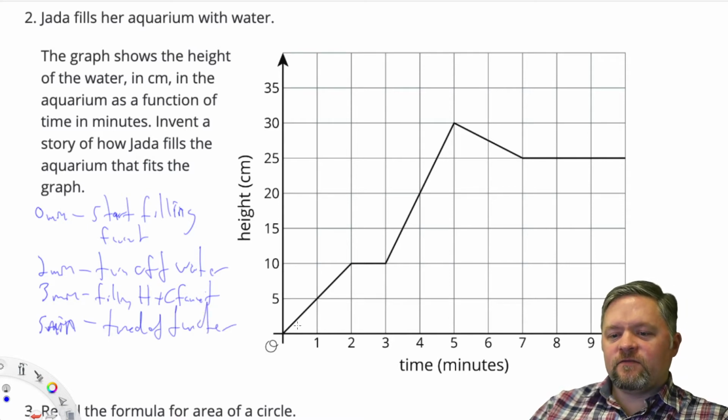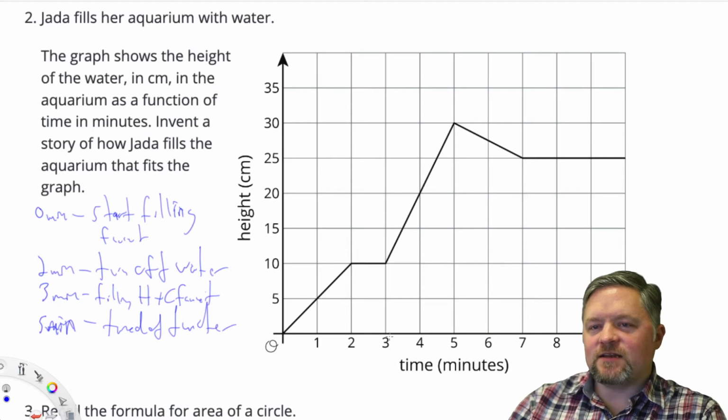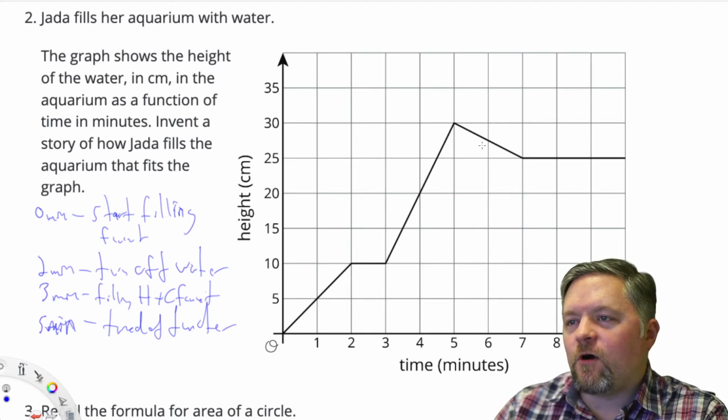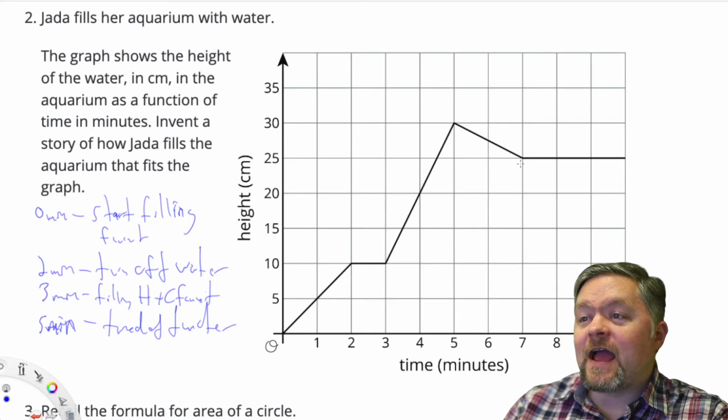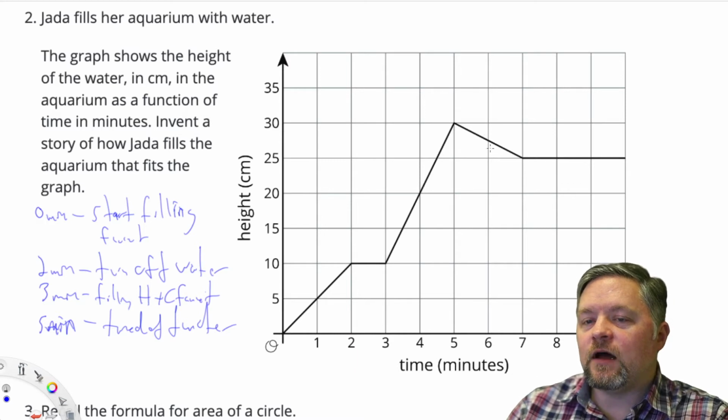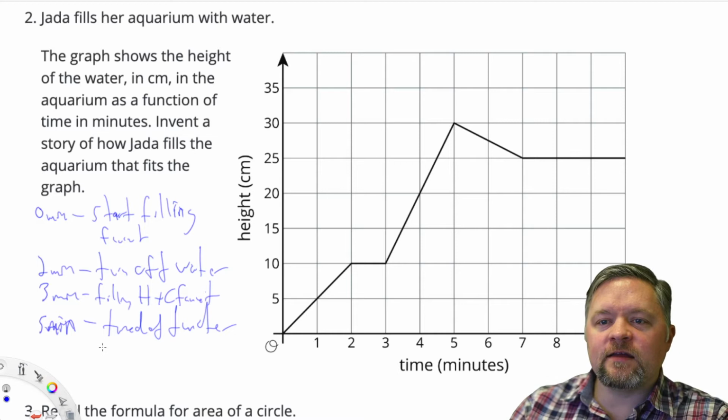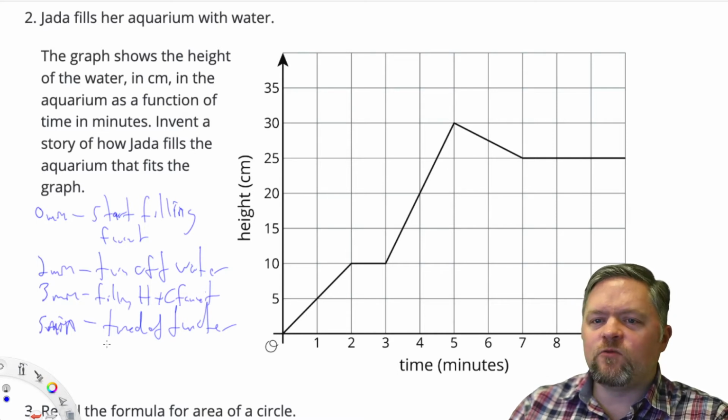And I feel like my handwriting's especially bad today. At 5 minutes, we turned off the water, but it went down for a little bit. We turned off the water and drained some water because it was too full.